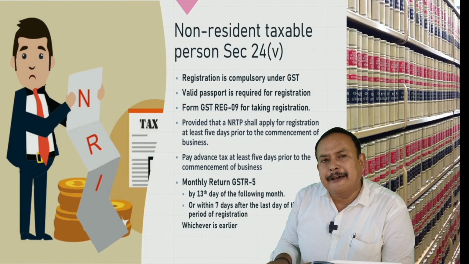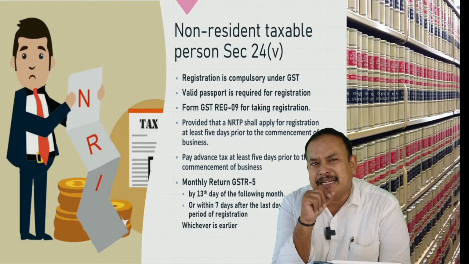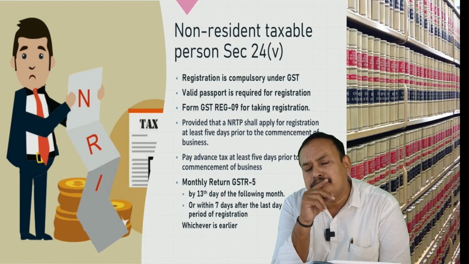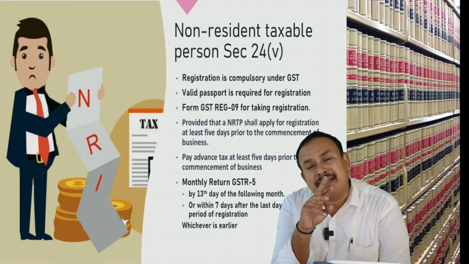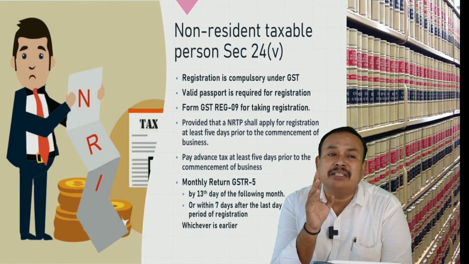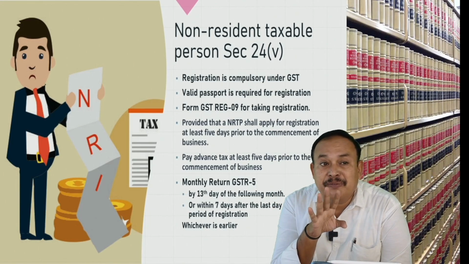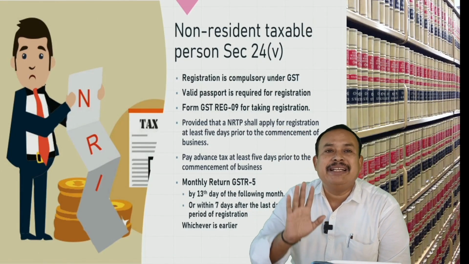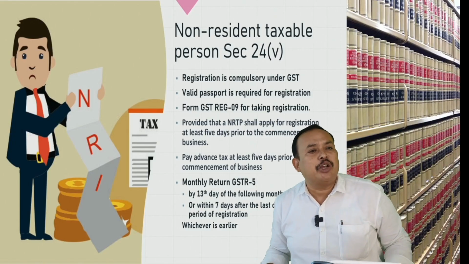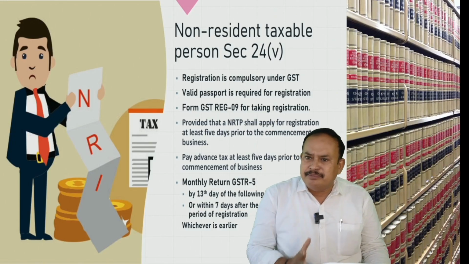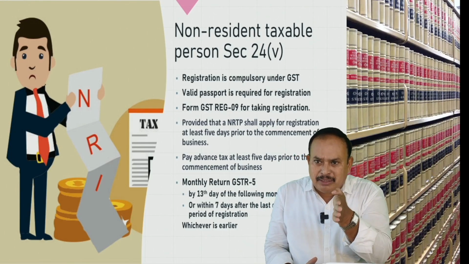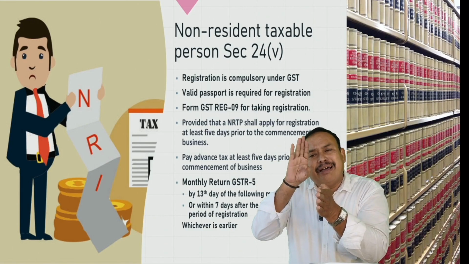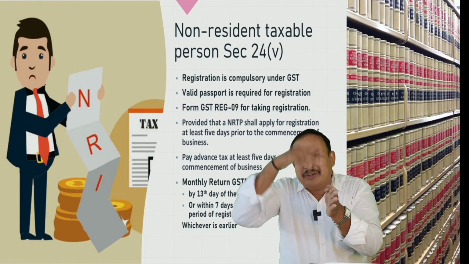Further, here they said GSTR-5 monthly return by an NRTP is due on the 13th of the following month from the end of the relevant month. Assume a scenario, my dear: in a given month your registration is expiring, say the 90th day is on 18th April, today. His registration has expired, no further extension.